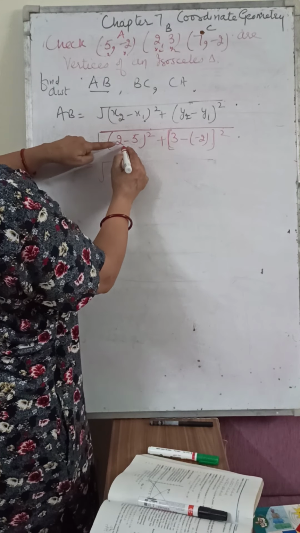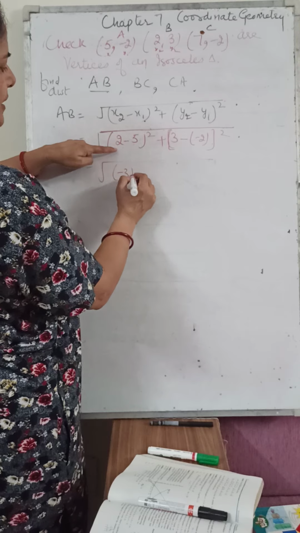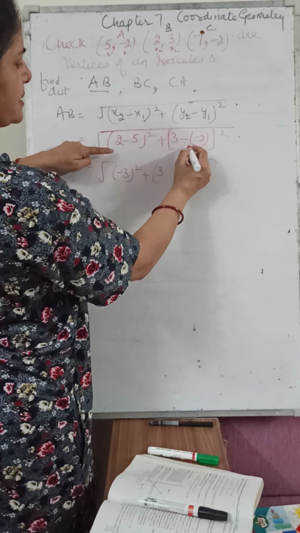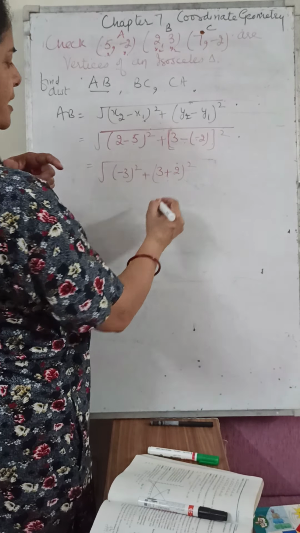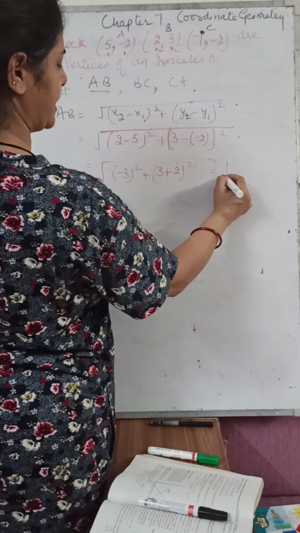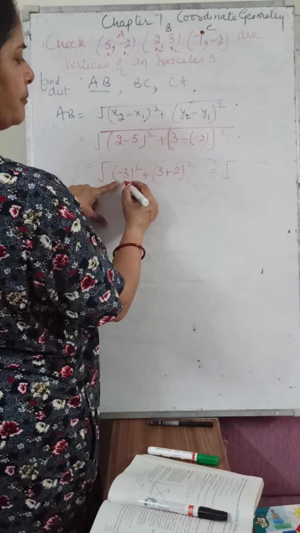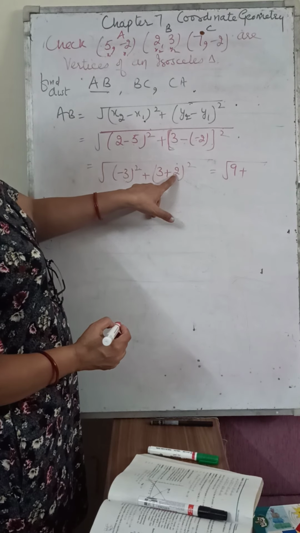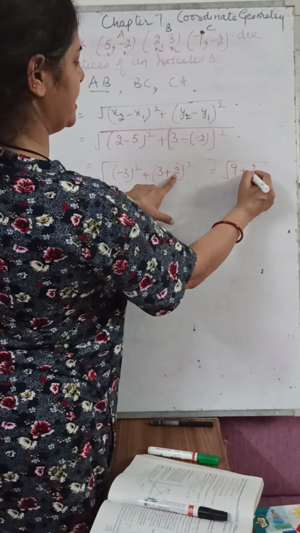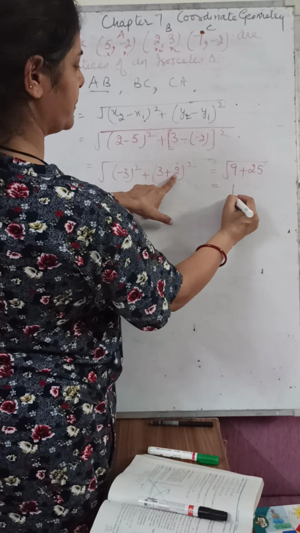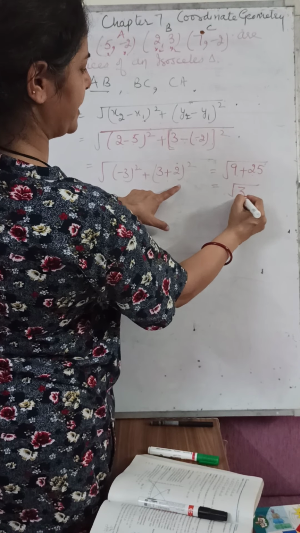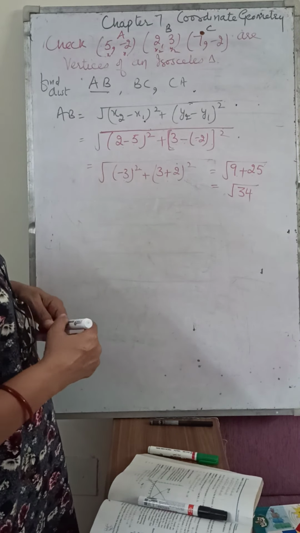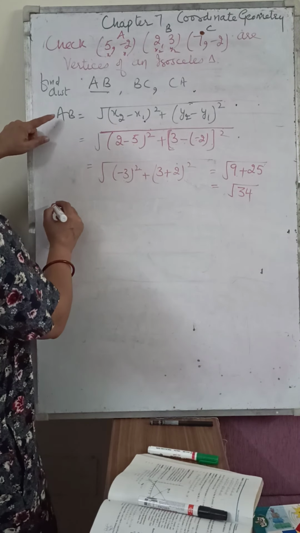It comes out to be 2 minus 5, minus 3 whole square, plus 3 minus minus 2, plus 2, whole square. Minus 3 whole square will be 9, 2 plus 3, 5 whole square will be 25. Add up, you will be getting 34. Clear?